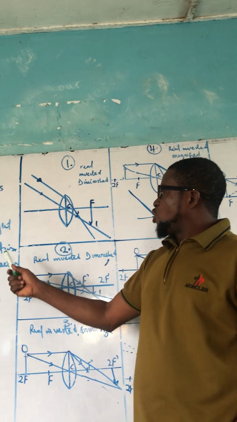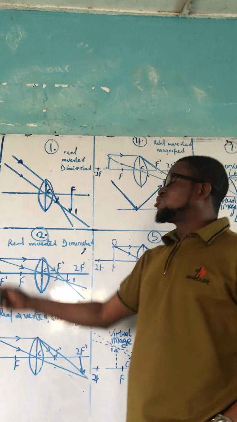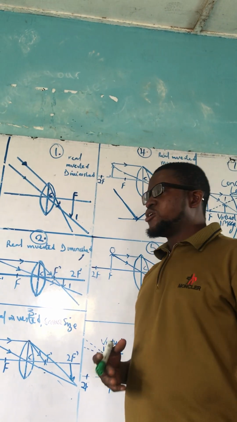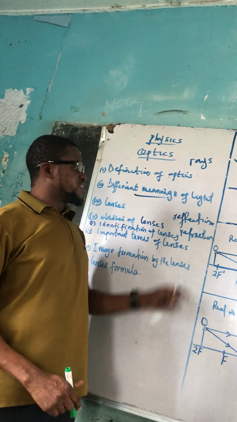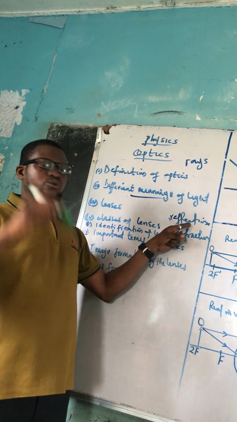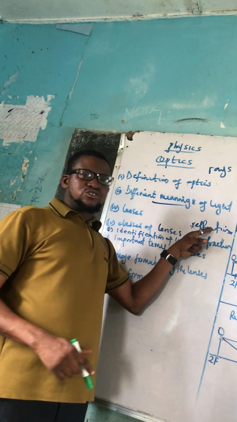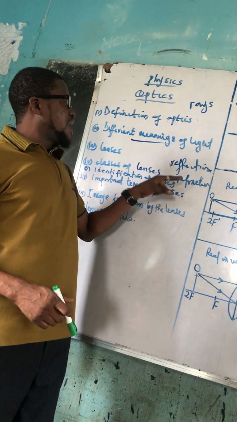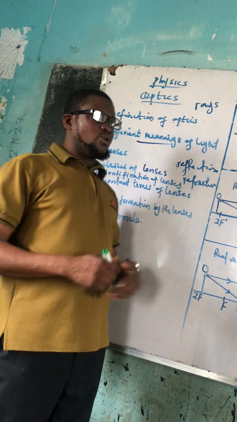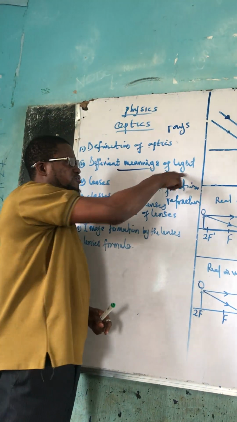We also talk about refraction, and in refraction, we talk more about lenses. So when light means rays, we must study refraction and reflection. In a mirror, we study reflection, and in a lens, we study refraction. That is one of the meanings of light.